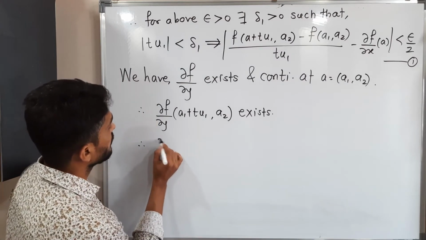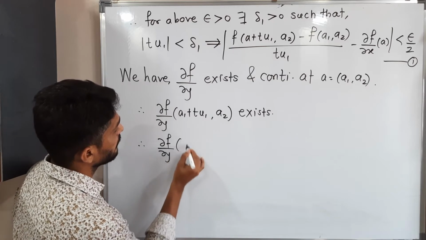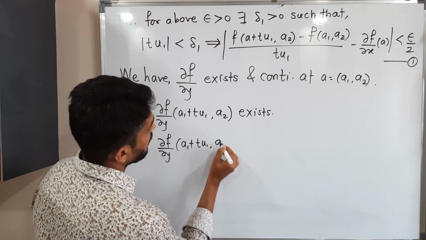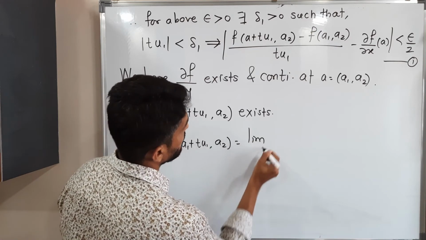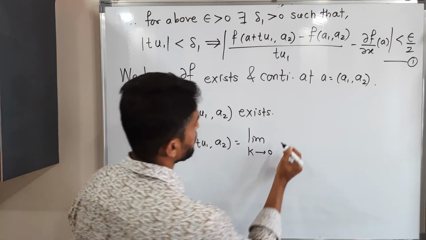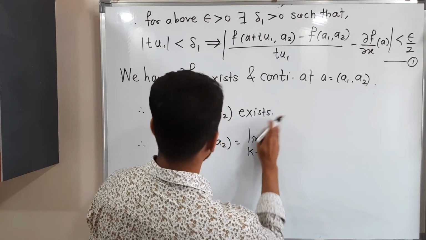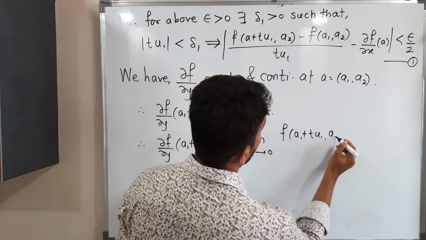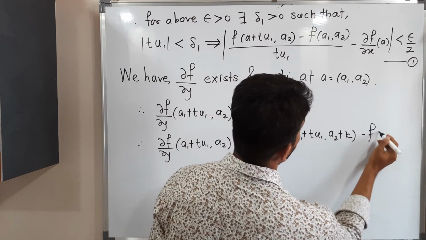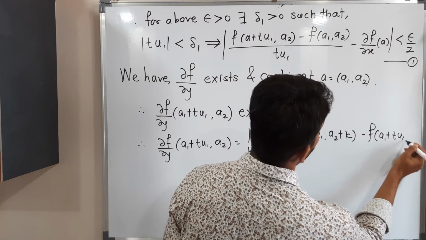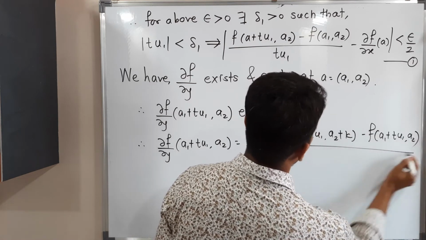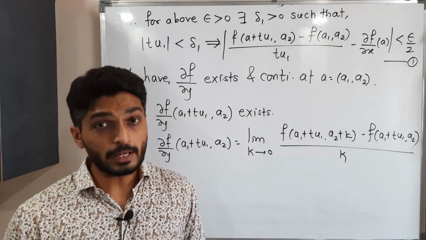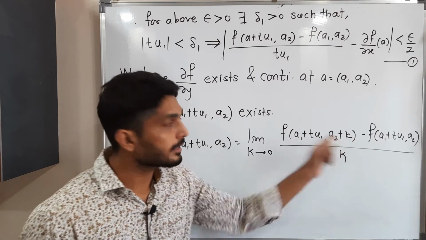So del f by del y at (a1 + t1, a2) is equal to the limit as k tends to 0 of f(a1 + t1, a2 + k) minus f(a1 + t1, a2), divided by k. This is the partial derivative with respect to y, so I need to add k in the second component.